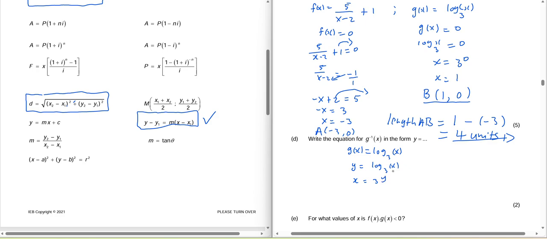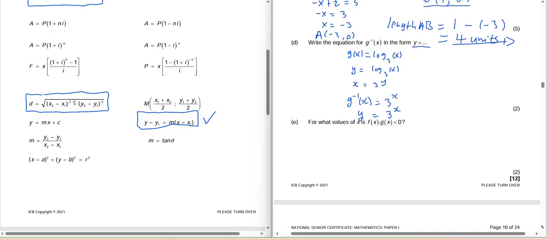That is the first thing, change of subject. Now, after I've made the change of subject, you now have the right to say g inverse of x is equals to 3 to the power, where there is y, you are replacing with x. We have done the process. But then they said leave it in the form y equals to something. So the solution, you can say y is equals to 3 to the power of x. Then you are done. So that's what you just needed to do.